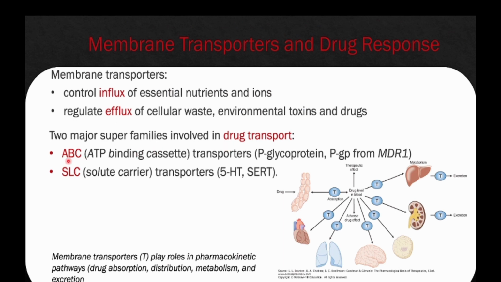The first are the ABC, known as ATP binding cassette transporters, known as, for example, P-glycoprotein, or as can be written as PGP, from the MDR1. The second family is SLC, which are solute carriers. These include transporters such as 5-HT and SERT.